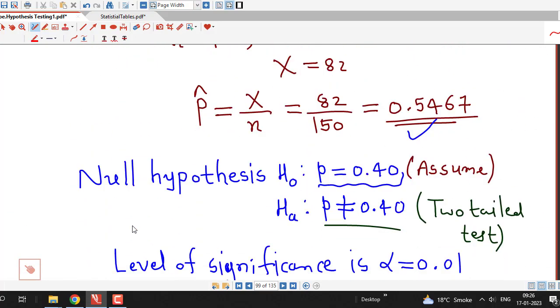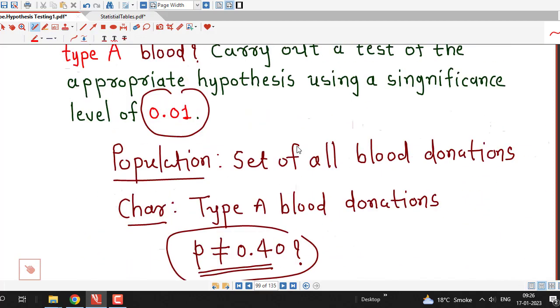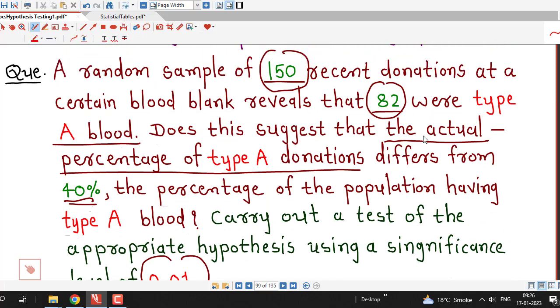The actual percentage is 0.40 or 40%. So we are rejecting this null hypothesis. Therefore we can say that the actual percentage of type A donations differs from 40%, the percentage of the population having type A blood.